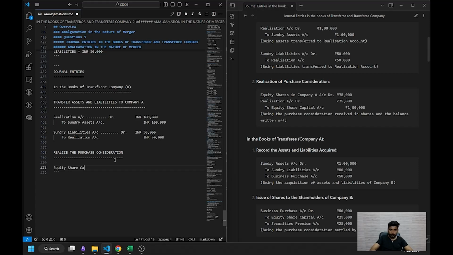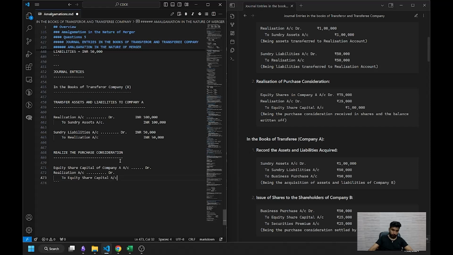Equity share capital of company A account debit to realization account debit to equity share capital account.